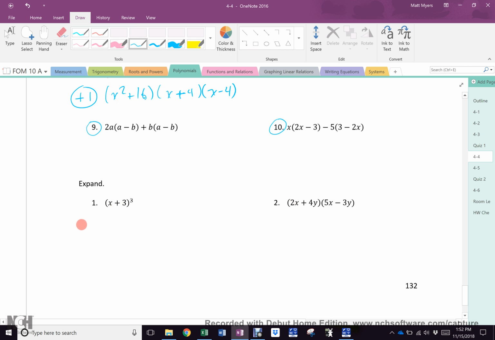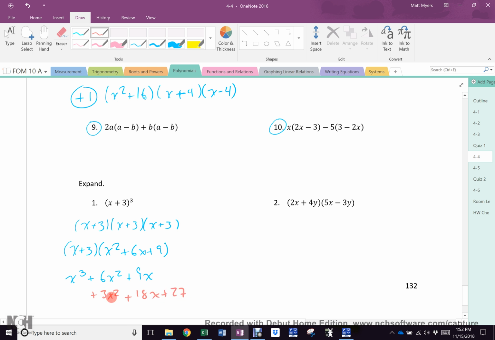These you could do x plus 3, x plus 3, x plus 3, which I believe I have on the back board right there. No, I have x plus 2 cubed. Darn it. X plus 3, x squared plus 6x plus 9, x cubed plus 6x squared plus 9x plus 3x squared plus 18x plus 27 gives you x cubed plus 9x squared plus 27x plus 27.